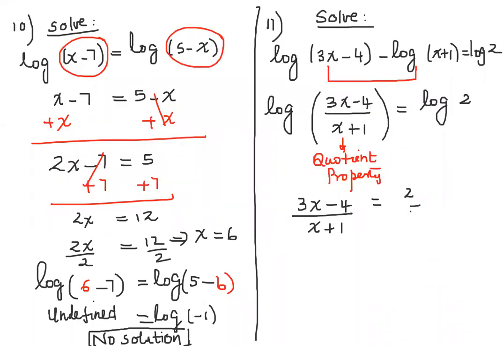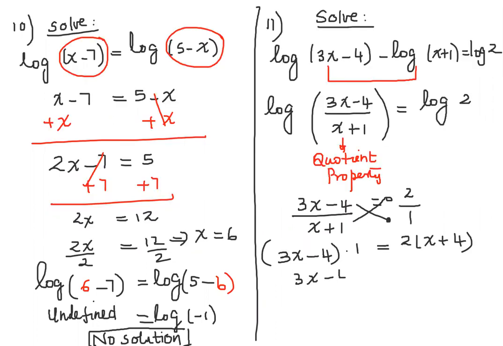So this is a rational equation. So we're going to solve by putting 1 in the denominator, then do the cross multiplication. So 3x minus 4 times 1 equals 2 times x plus 4. And then distribute and solve for x.